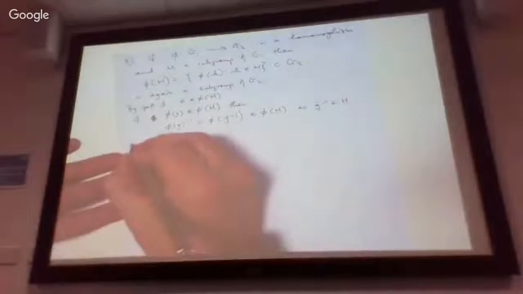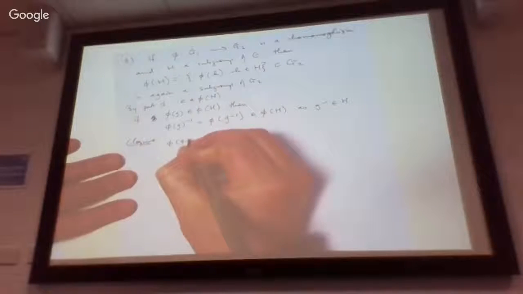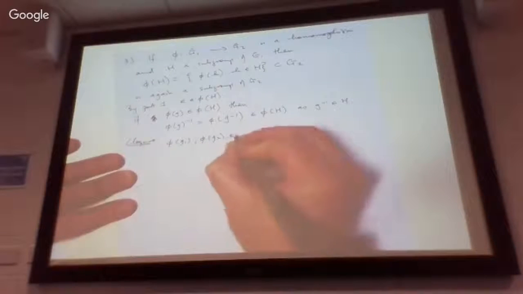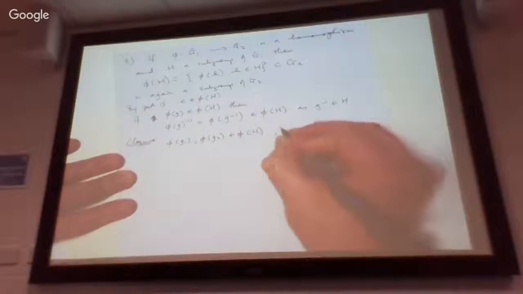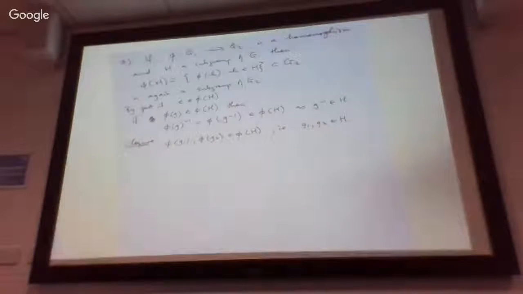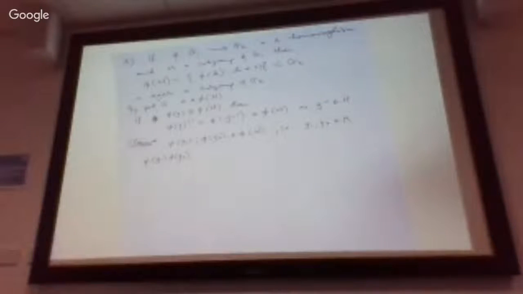The only other thing we have to do is show that it's closed. Closure. If you take two elements within phi of H, i.e. what you're saying there is g1 and g2 are both elements of H. You take two elements of H, g1 and g2, then phi of g1 and phi of g2 are both elements of phi of H. When you multiply them together, we want to show that this is an element of phi of H, that phi of H is closed under the group operation.